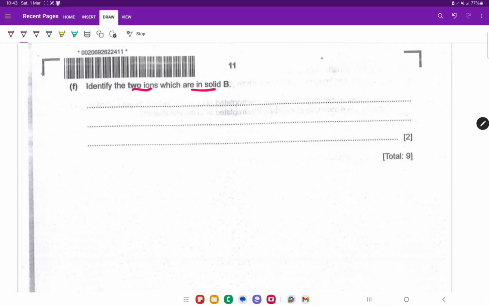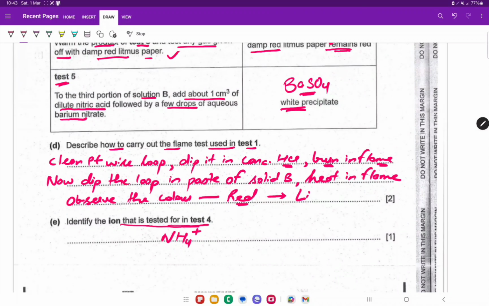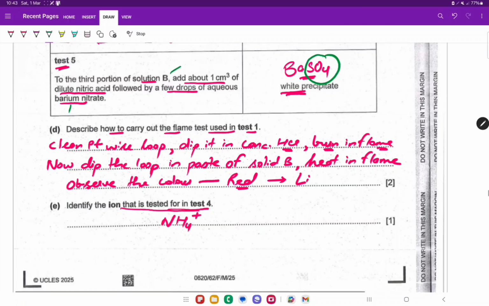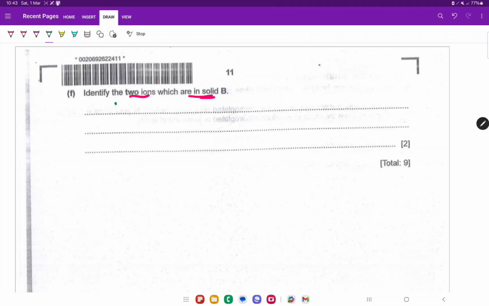Identify the two ions which are in solid B. We had identified that it is giving a white PPT of barium sulfate. It means it should contain sulfate ions. Barium is coming from barium nitrate, and sulfate should be present in salt B. And what is the second ion? The second ion is lithium, because it gives a red color in the flame.